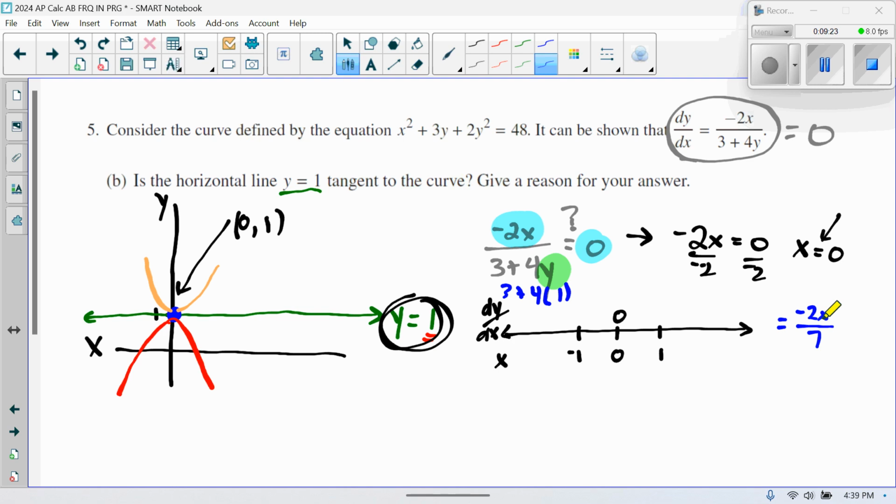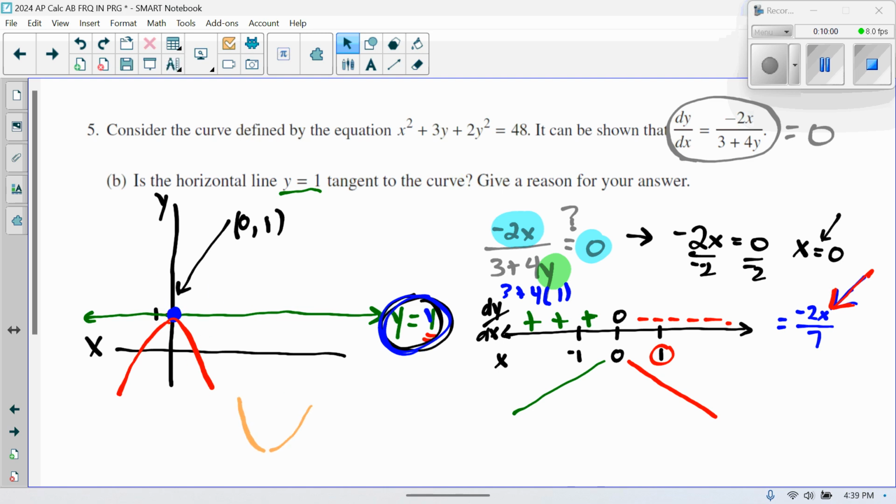If I throw a negative 1 in for this x, negative 1 times negative 2 is positive, so I have a positive slope. What happens if I throw in a 1 for my x? Negative 2 times 1 is negative. So that critical point is a max at 0.